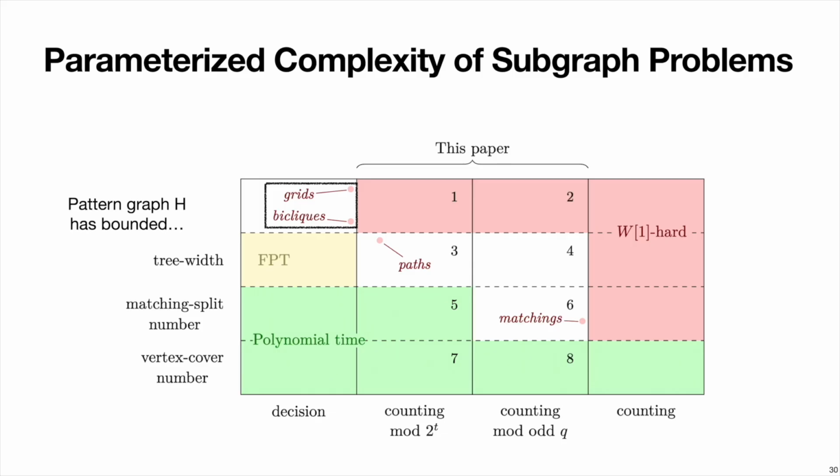Let me summarize results on the parameterized complexity of subgraph problems. In this figure, we start in this rectangle here, and we look at the 2 points, grids and bicliques. It has only recently been shown that deciding whether there is a grid or deciding whether there is a biclique is W[1]-hard.